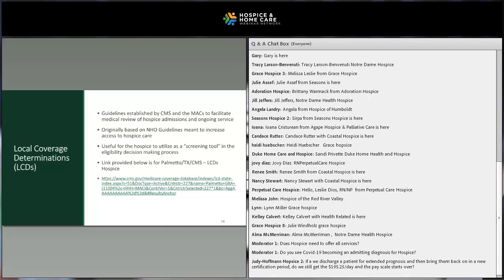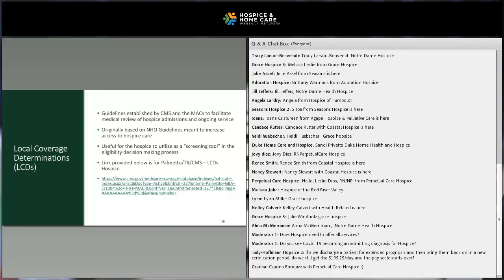I see one other person typing. Here we go. If we discharge a patient for extended prognosis and then bring them back in on a new certification period, do we still get the higher rate?